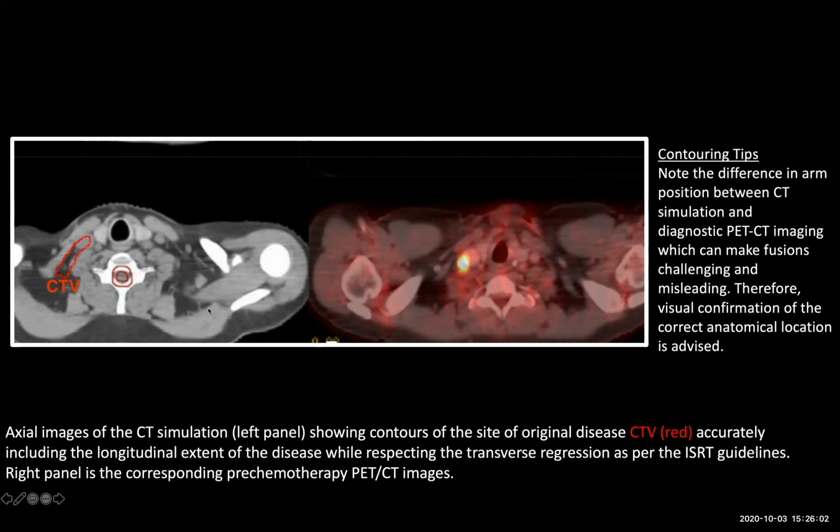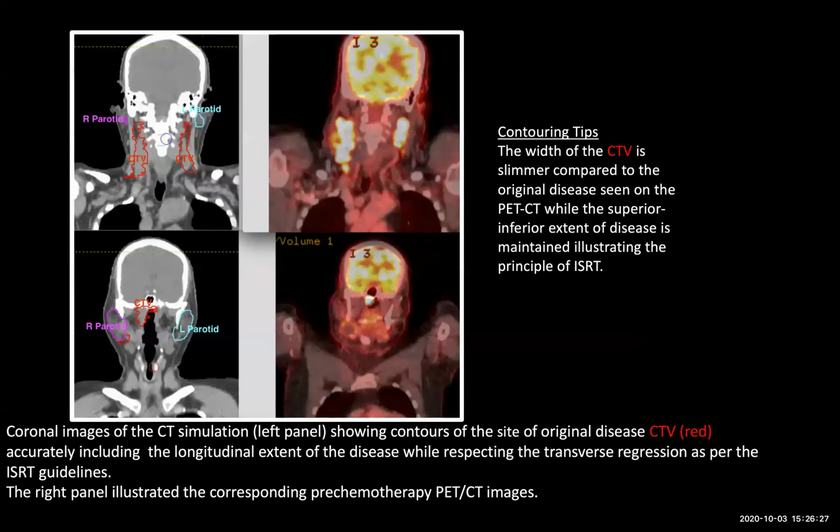Although fusion is very helpful to plan these cases, we have to be aware that with the arms up in the PET scan versus the arms down in the simulation, there is a major difference in the anatomic location of these lymph nodes. So sometimes a visual eyeballing back and forth might be more helpful than actually the fusion.